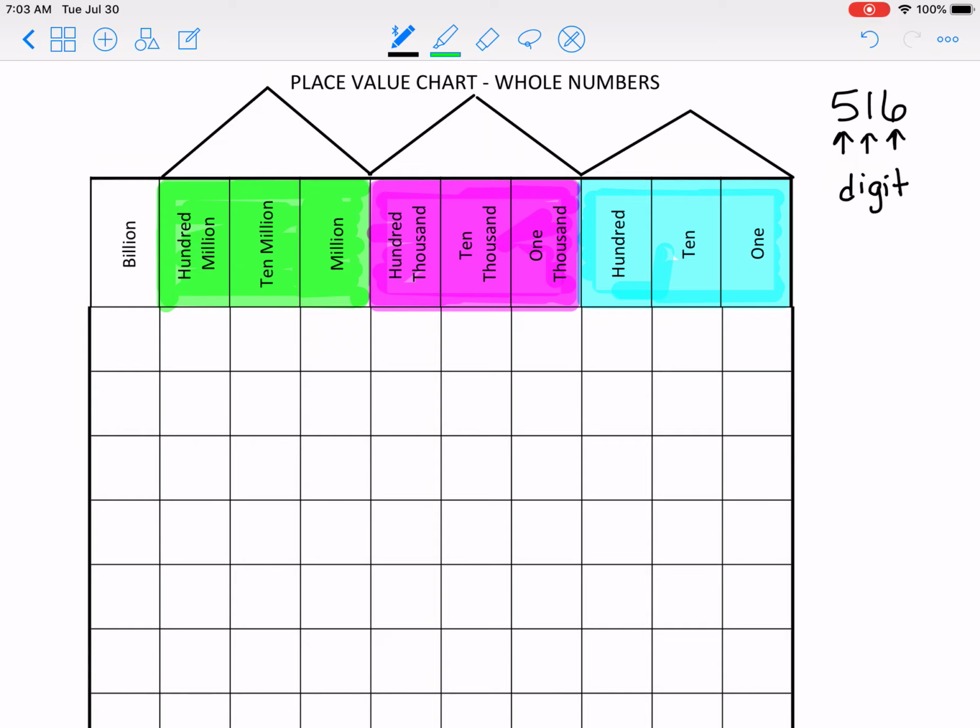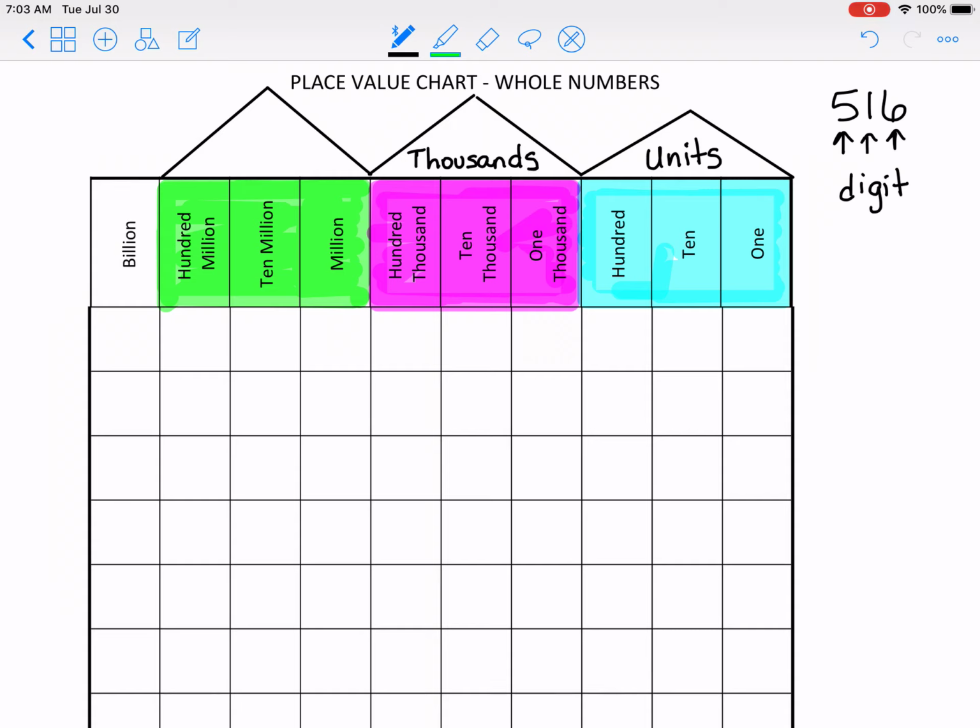As you can see, we have our units, which includes the hundreds, 10, and 1 value. Then we move over to our thousands period.